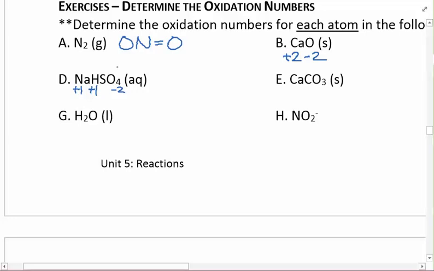So there are 4 oxygens giving us a total -8 there. We have a +1 from both the sodium and the hydrogen. So we're going to end up with sulfur being a +6. Why 6? Well, we have a positive 2 from the sodium and the hydrogen added together, and then negative 8 from the oxygen. That gives us sulfur as positive 6.